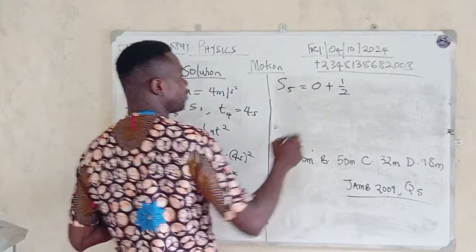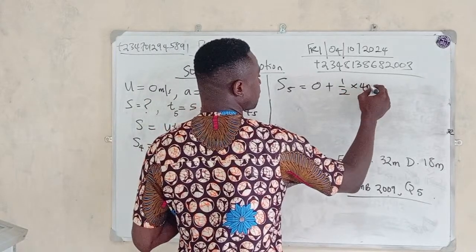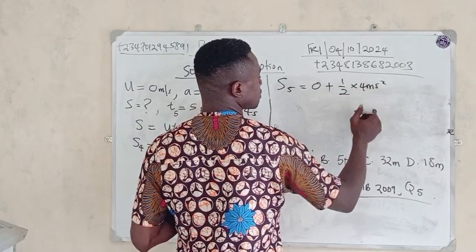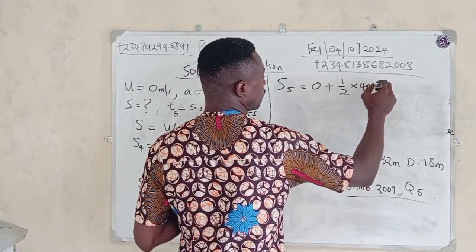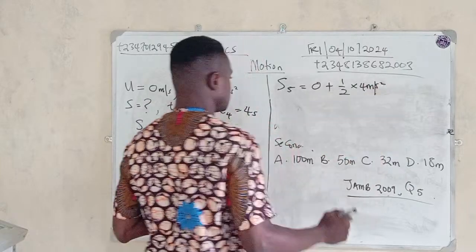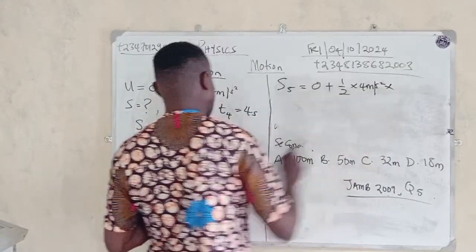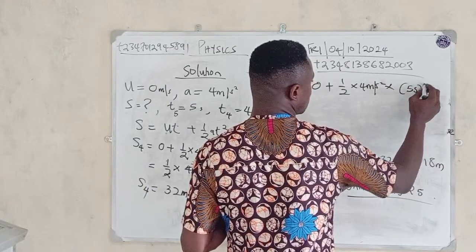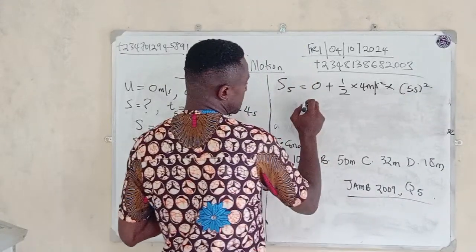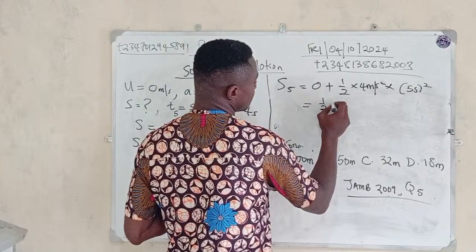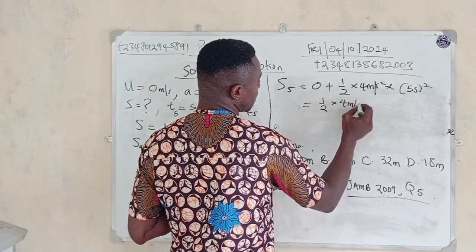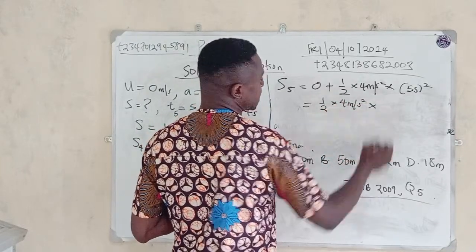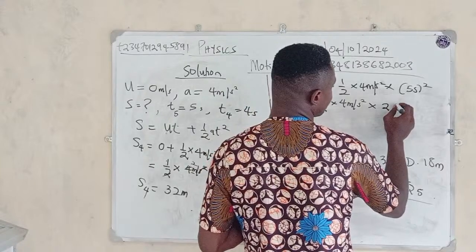Acceleration is still 4 meters per second squared. The time is now 5, so we have 5 seconds squared.